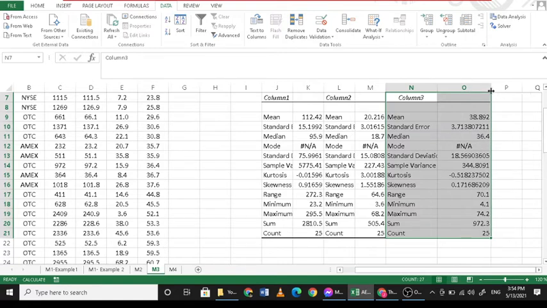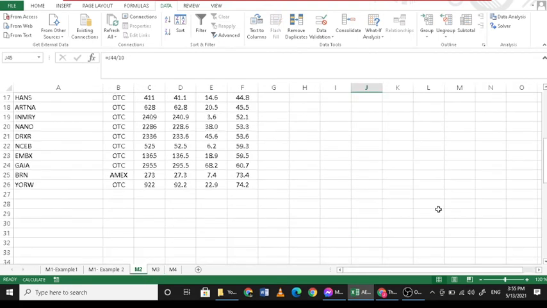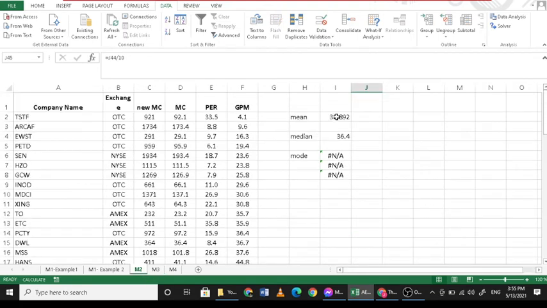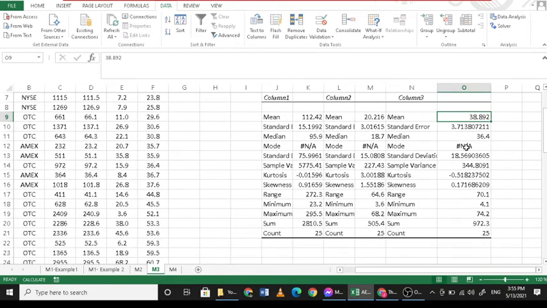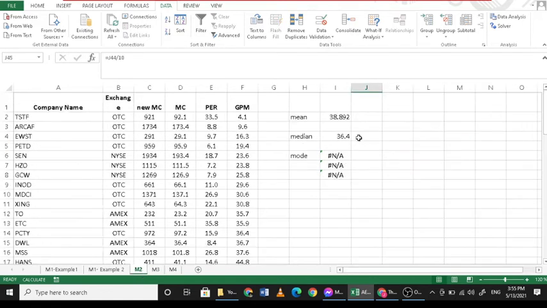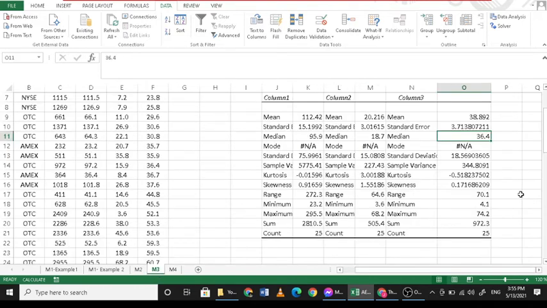The mean is 38.892, as solved earlier. The mode is not applicable, so there is no mode. The median is 36.4.